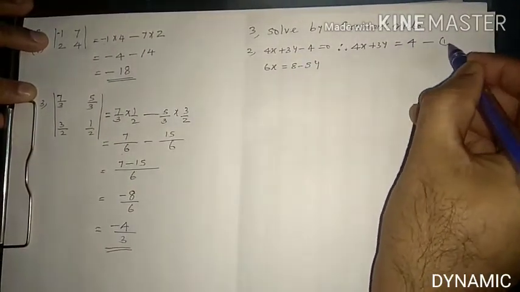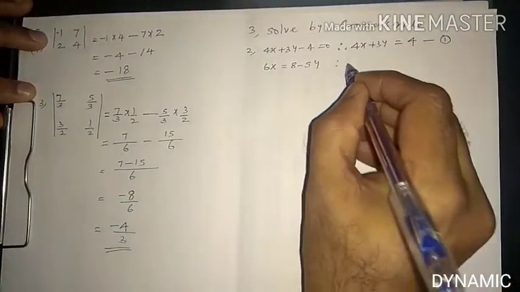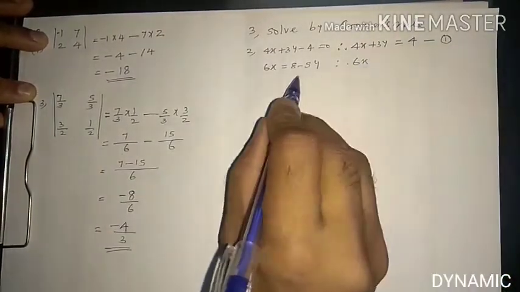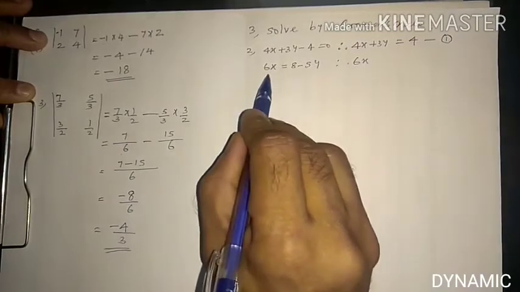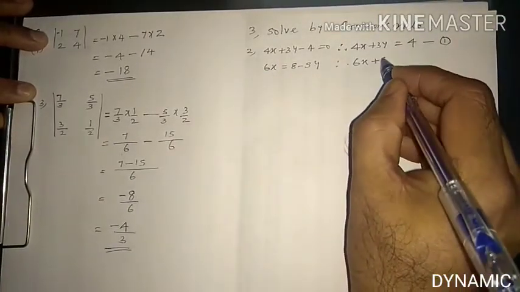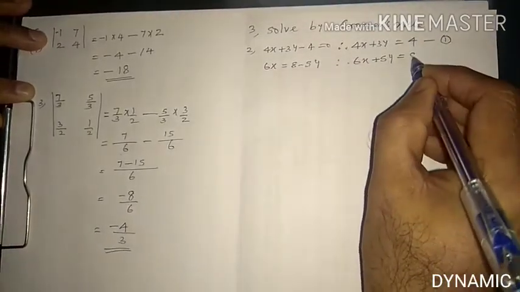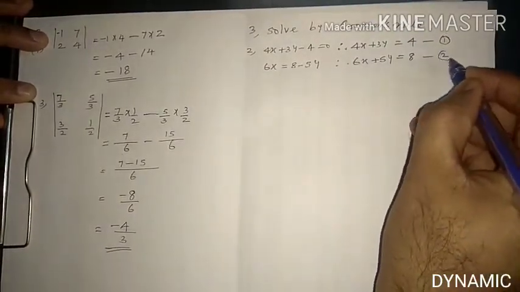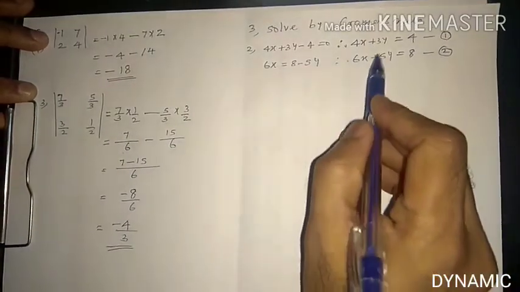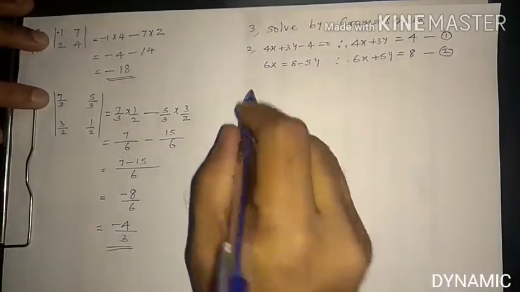That is our first equation. From here 6x minus 5y comes here plus 5y equal to 8. That is 2. These two equations by Cramer's rule we have to solve.